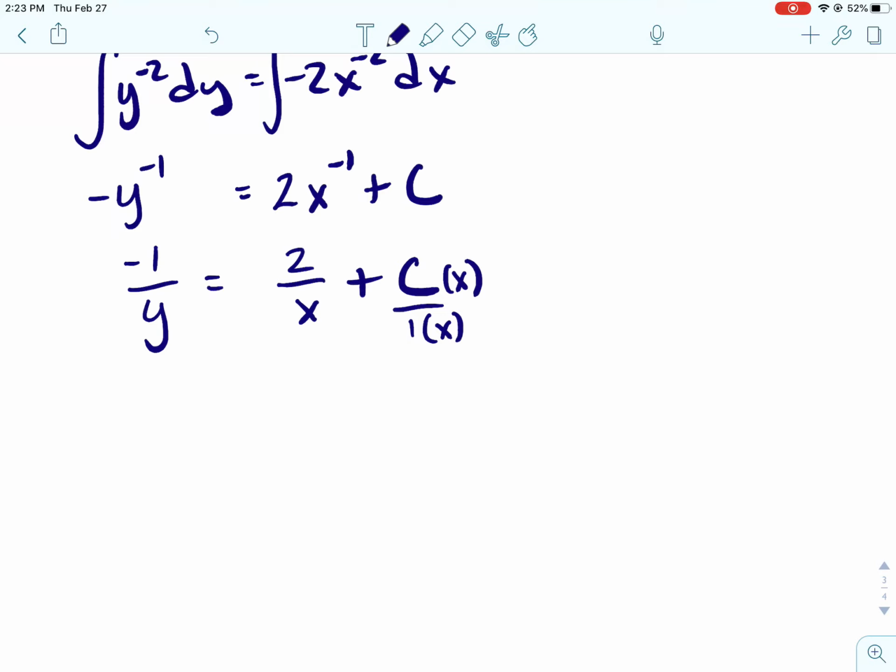All right, this is kind of weird. So what we have is x on the denominator, and then 2 plus c times x on the numerator. Yay! Thank you.